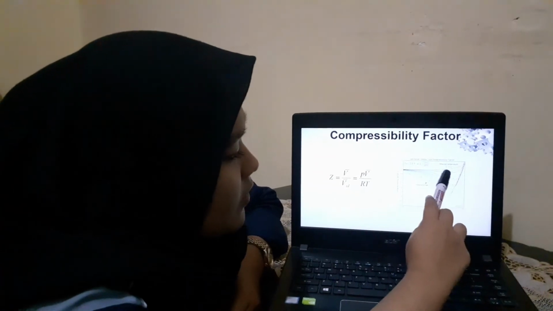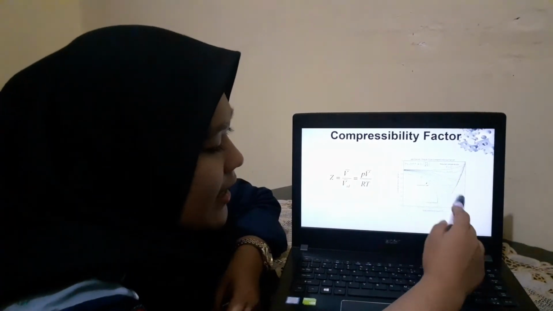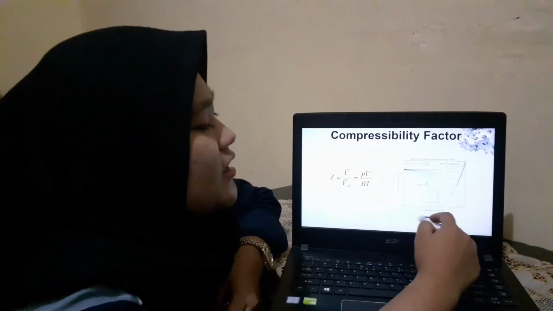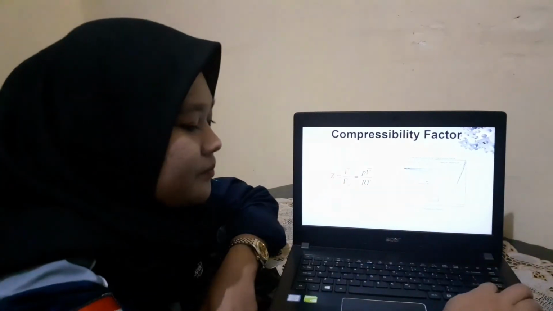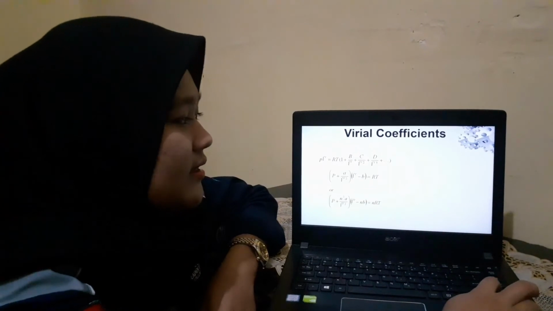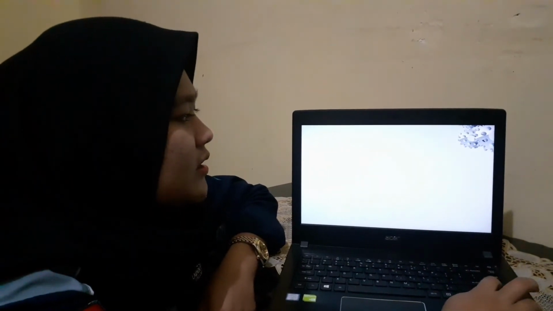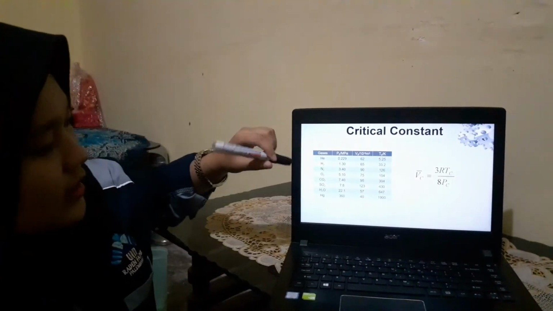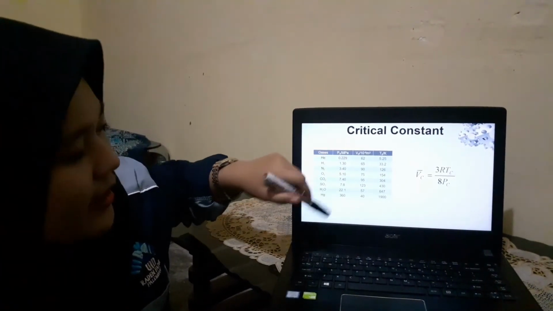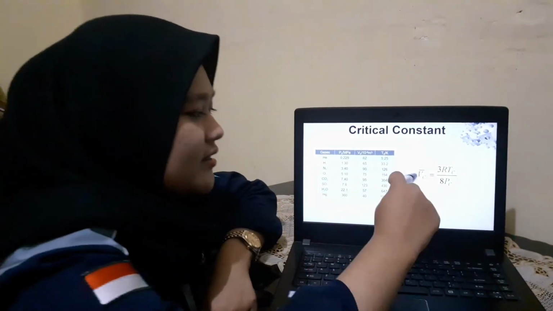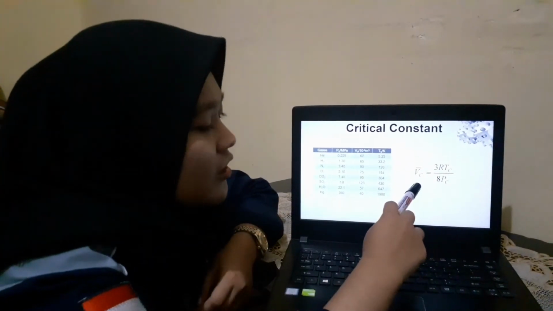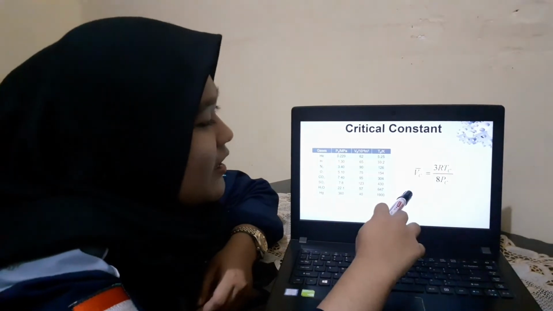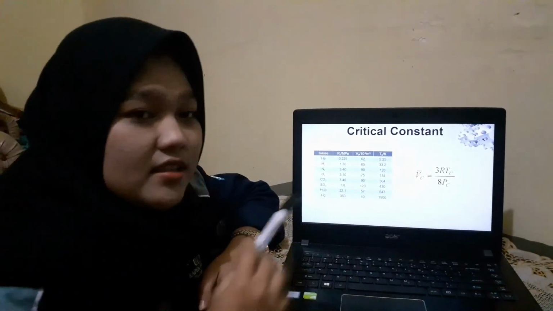So this is for the gases, and here are the critical points of the gases. For the critical constants, like I said before, this is the data, and we have equations. Molar volume. We have critical constants equations.